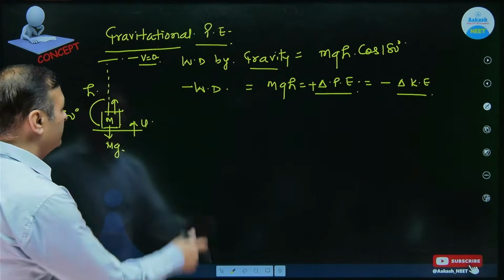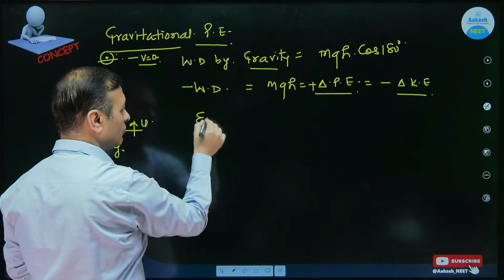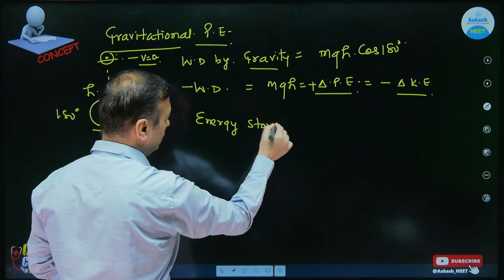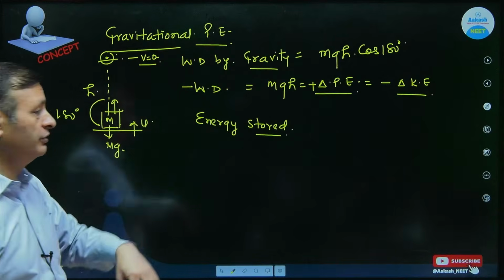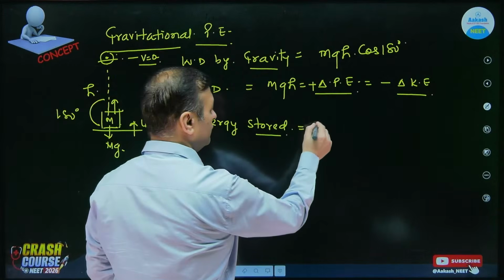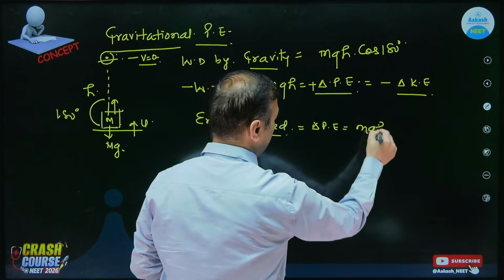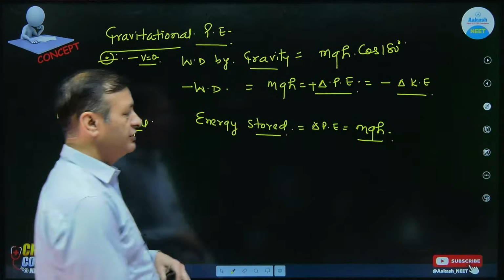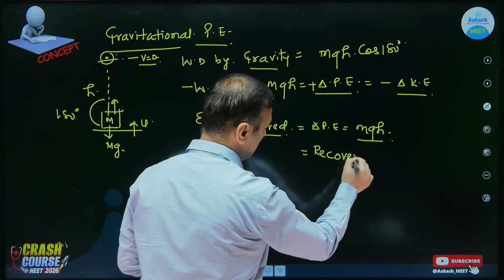And the best part is, at this point, the extra energy stored by virtue of its position is stored as an increase in potential energy, and this is mgh. And you know, this energy stored is recoverable.